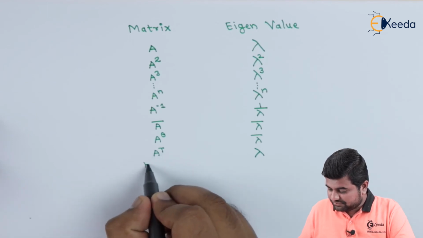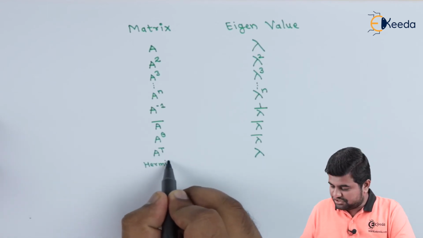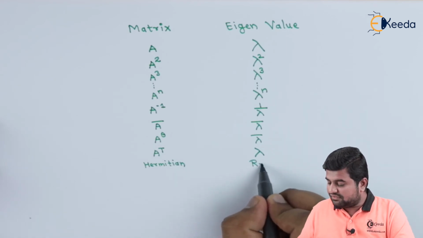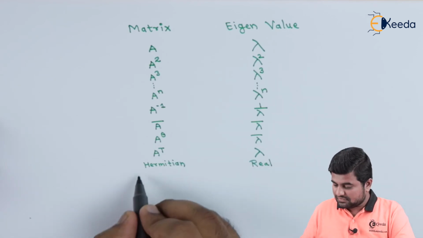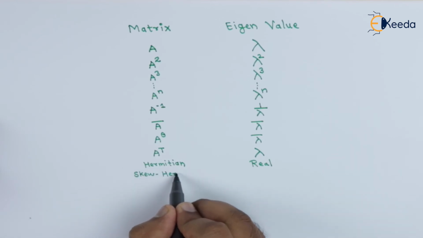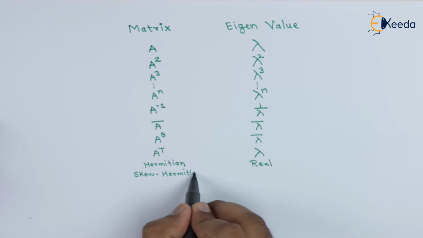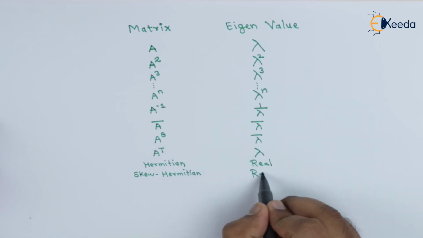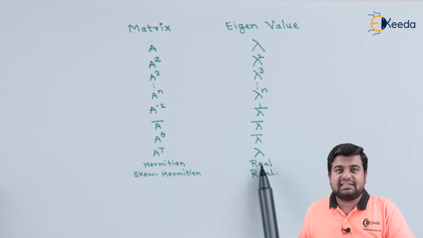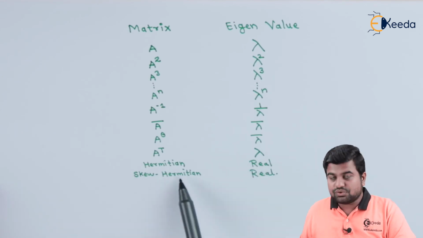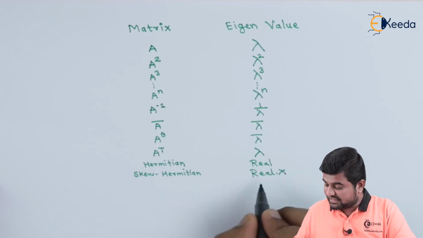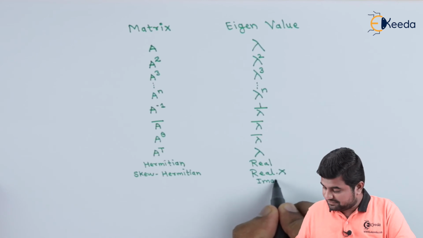In case of Hermitian matrix, we can have all real values. In case of skew Hermitian, we have Hermitian matrix and the eigenvalue is real, but in case of skew Hermitian matrix, we cannot have real, we can have imaginary eigenvalue.